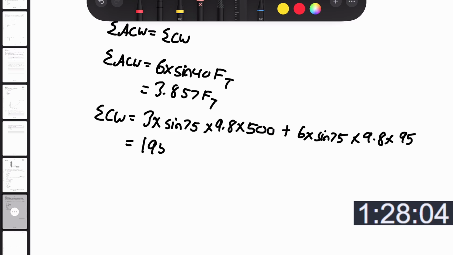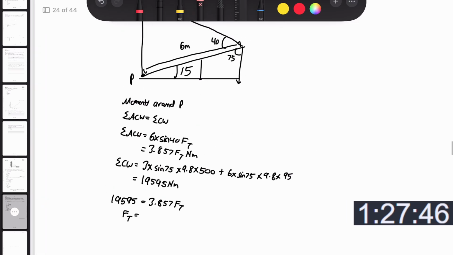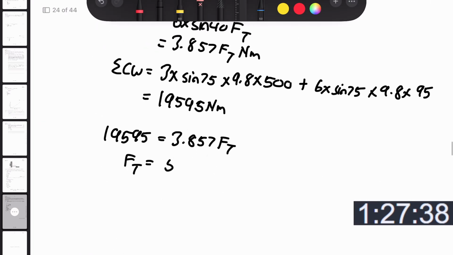So 19,595 Newton meters. So then 19,595 equals 3.857 F of T. Force of tension then equals 19,595 divided by 3.857. So I get the force of tension now is 5.08 times 10 to the power of 3 newtons.